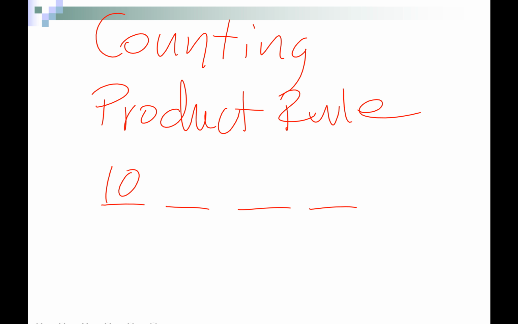What about a side order? I want coleslaw or mac and cheese or French fries or whatever it is. Say there's another 10 ways that you can do that. And then what else do you get when you go out? A drink. Maybe there's 7 different beverages.